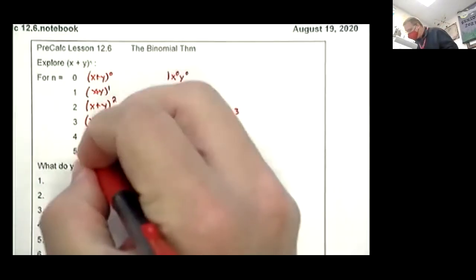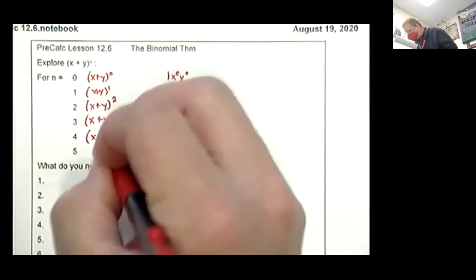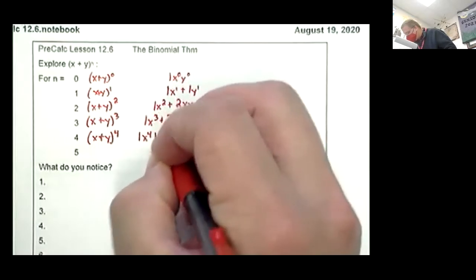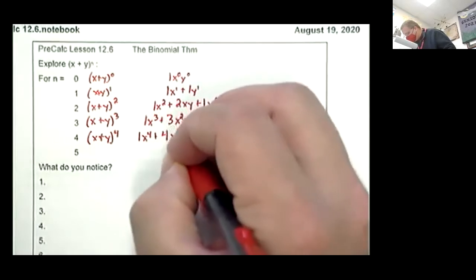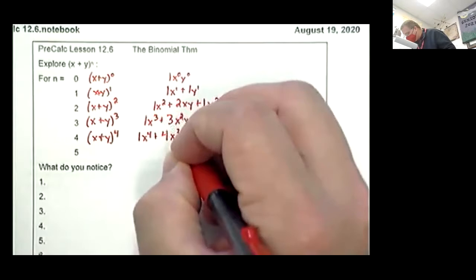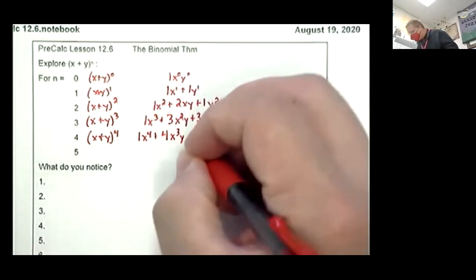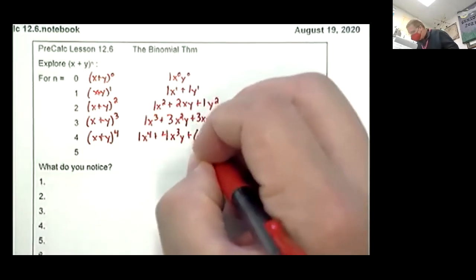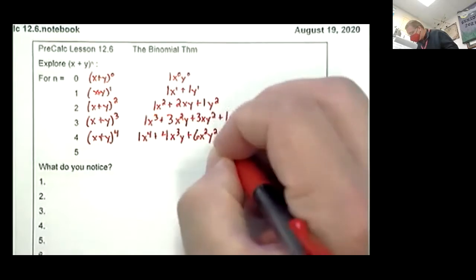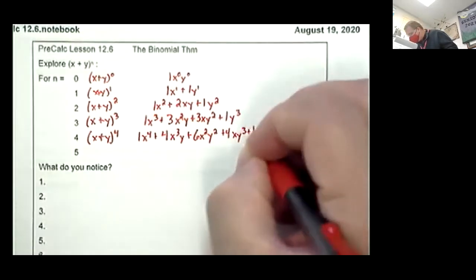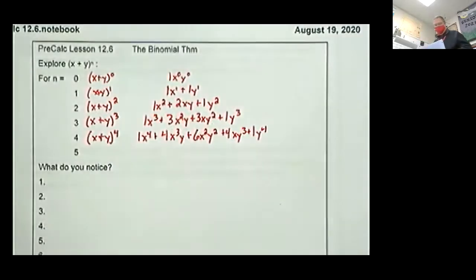Next, x plus y to the 4th. We're going to get 1x to the 4th plus 4x cubed y plus 6x squared y squared plus 4xy cubed plus 1y to the 4th.